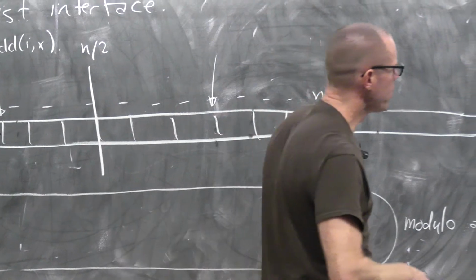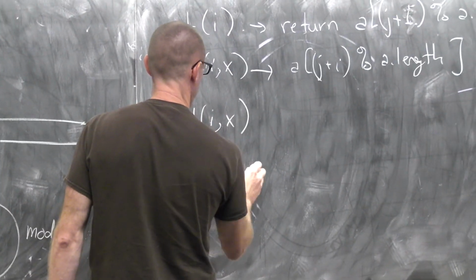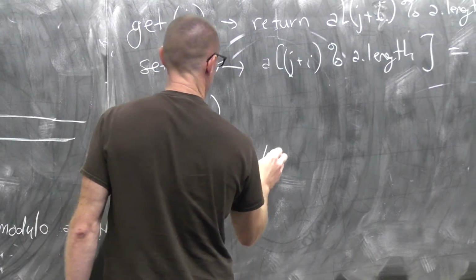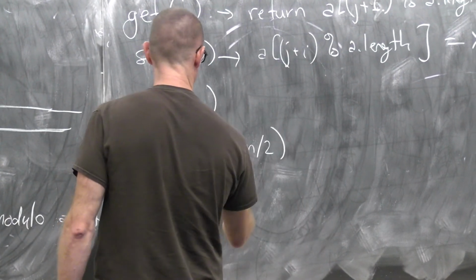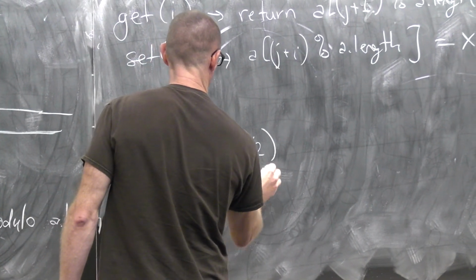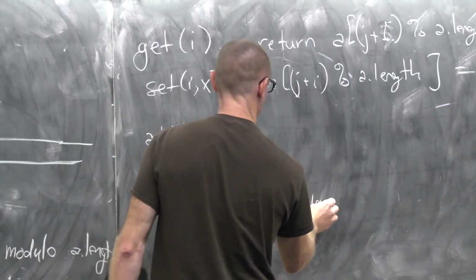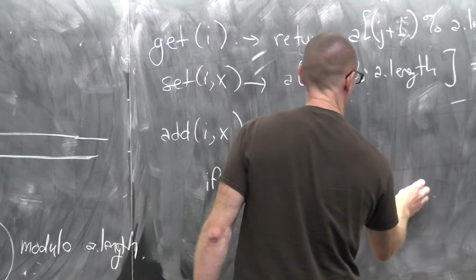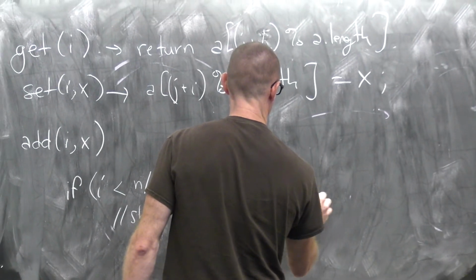Okay? So the add(i, x) operation basically starts with a branch that says, if I is less than n over 2, then shift elements 0 up to I minus 1 to the left.